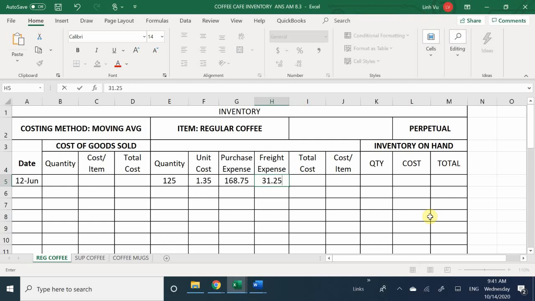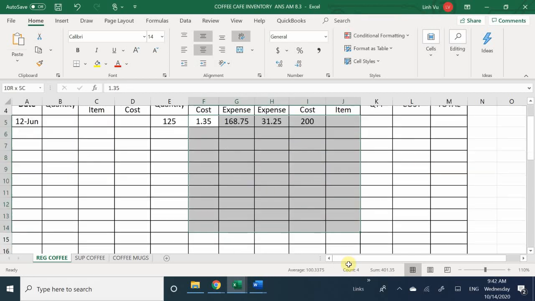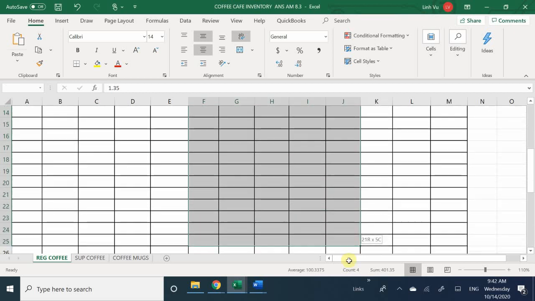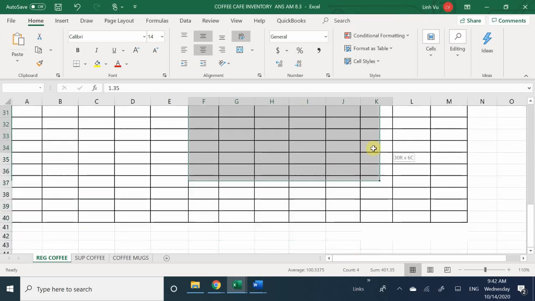So by adding $31.25, what is our total cost going to be? $200 even. And how do I solve for my cost per item? This is a moving expense, so it's going to be the same. What do you mean it's going to be the same? I'm trying to recall the formula. But it's not.